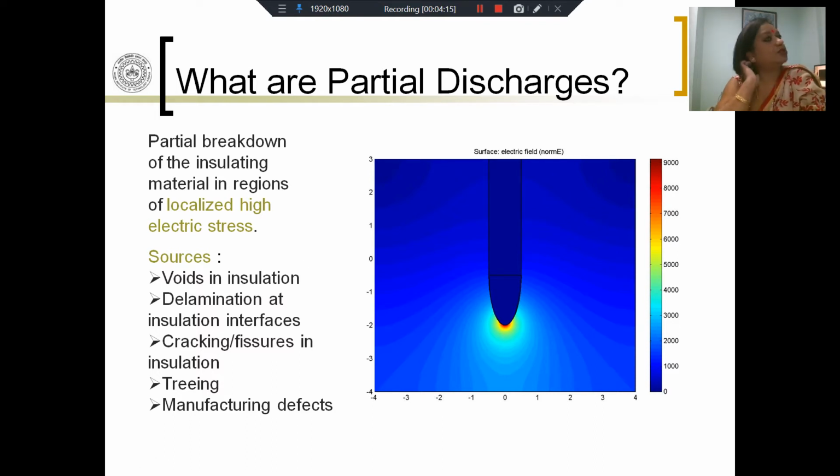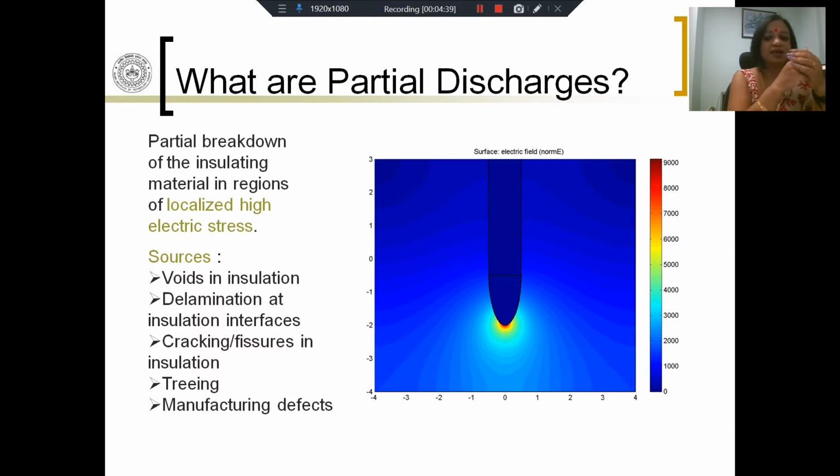What are the sources of partial discharge in solids? Anything that can cause local field enhancement can be responsible for PD initiation. So this could be voids in insulation. You have a solid insulating material with high dielectric breakdown strength and high permittivity. Somewhere you have a small inclusion, an air inclusion or some other inclusion, and this has a lower dielectric breakdown strength.